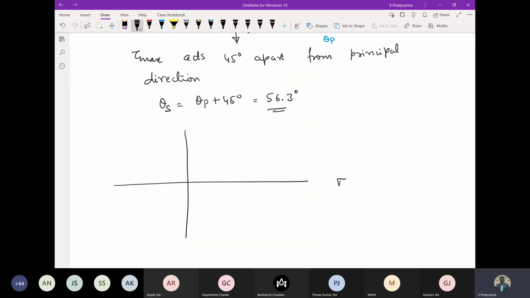Now, this is the sigma axis, this is the tau axis. Now the values are, where is the center? Where do you get the center of this Mohr circle? Minus 16.